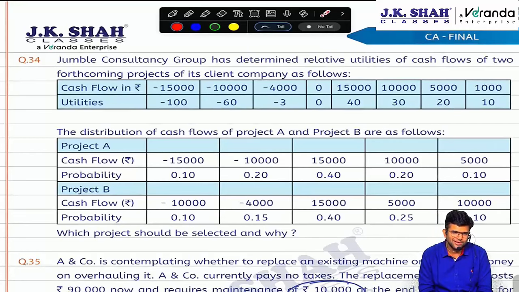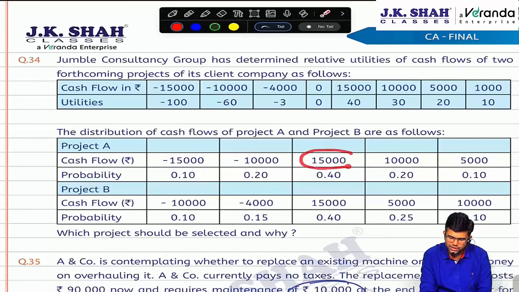Bro got no chill. What they are saying, they are saying that no, no, no, no, to hell with all this. If you are going to get negative 15,000 cash flow, no, then you will be dissatisfied in life 100 points. Utility, you remember, is level of satisfaction. If you get negative 10,000 cash flow, no, you will be dissatisfied less.